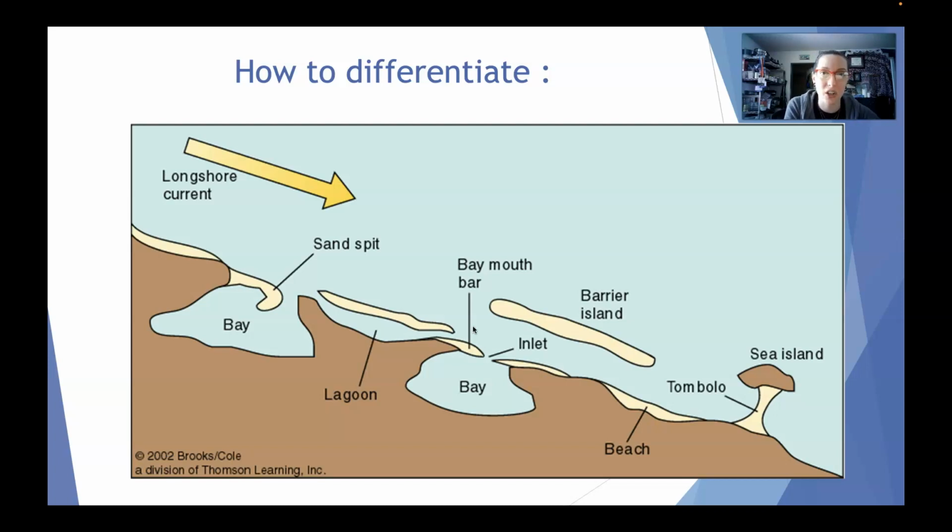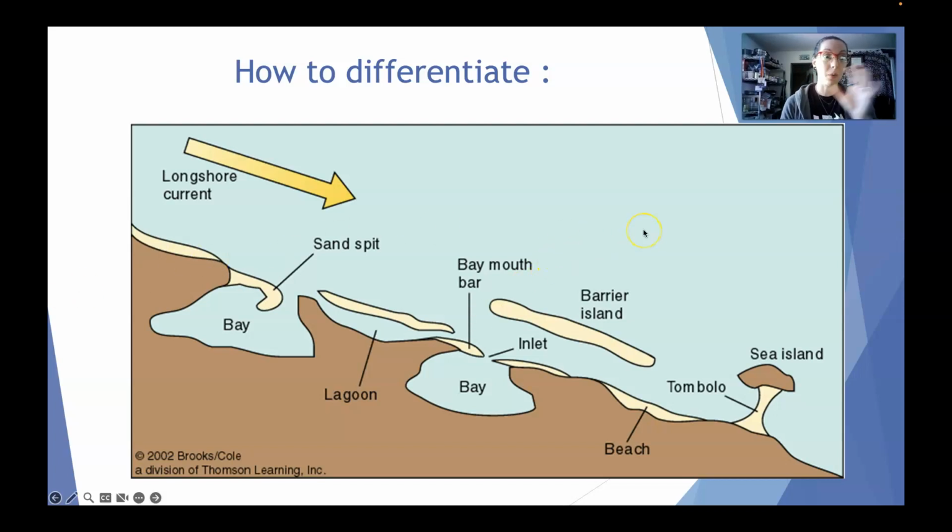But dredging can actually be a really important tool when you are trying to make sure that your river is still going to flow into the ocean without being impeded by, in this case, a bay mouth bar or any other sort of sediment buildup there. Depending on the area, a lot of places will likely want a nice direct line from the river to the ocean. That way there's not a whole lot of interference there. So I just wanted to mention that here.